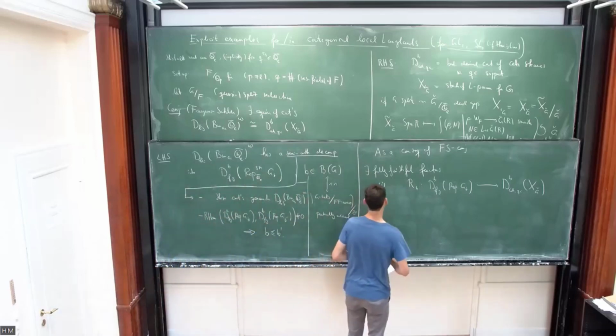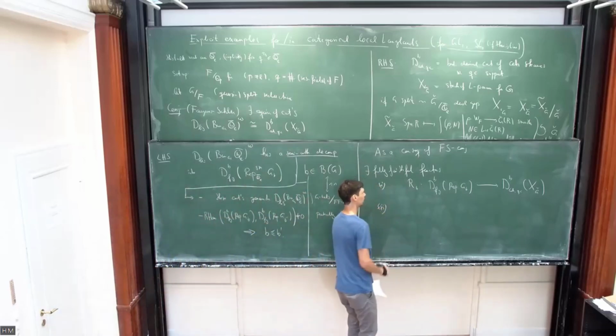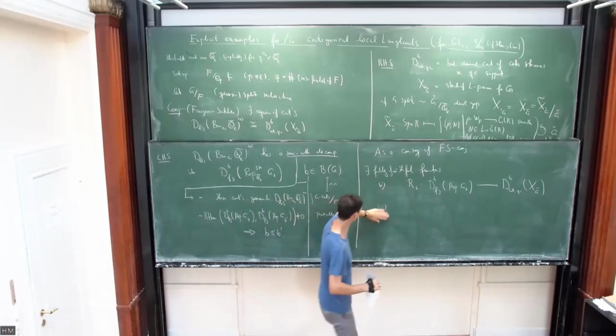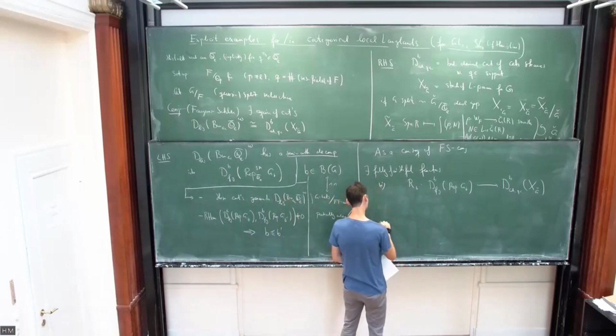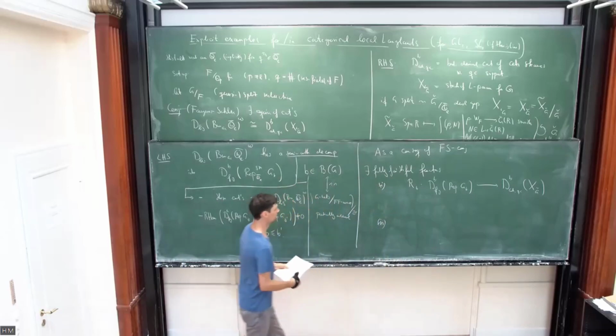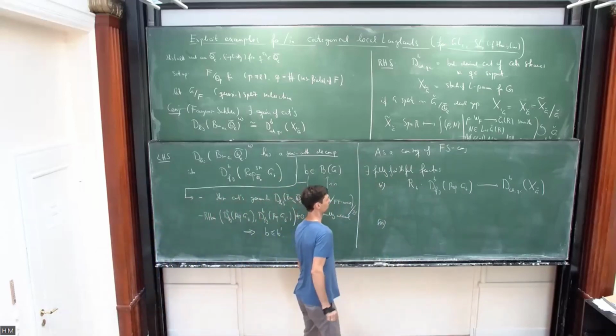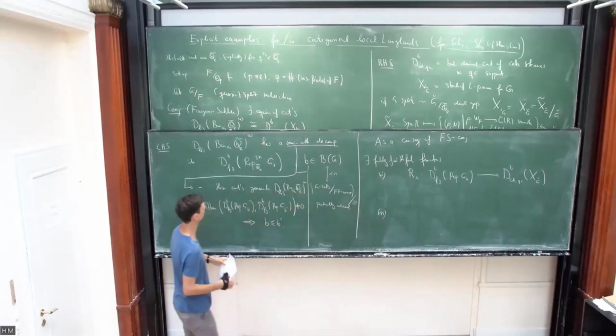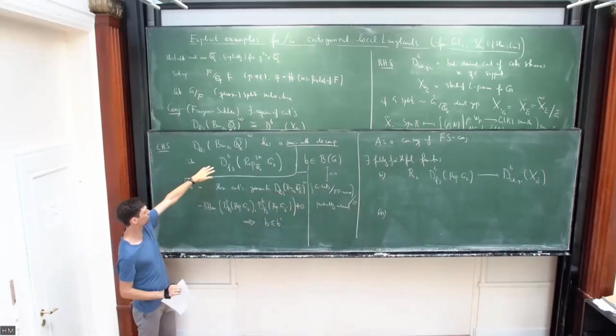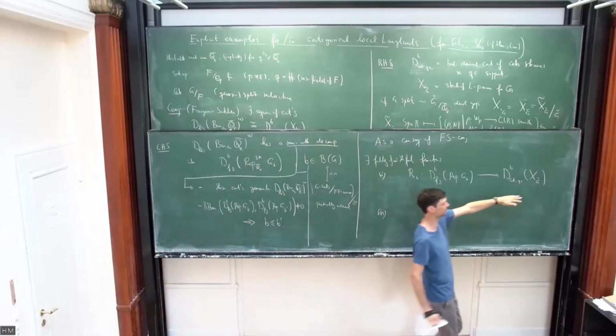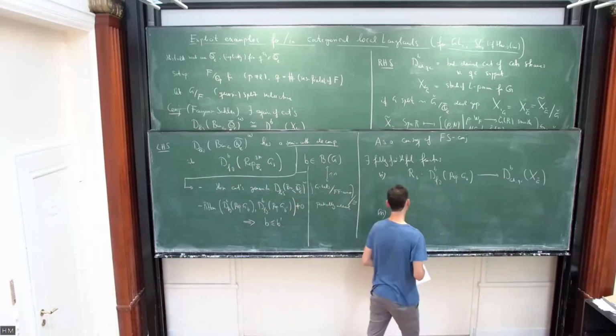And the second part is that there should be some kind of nice semi-orthogonal decomposition on that category over here.